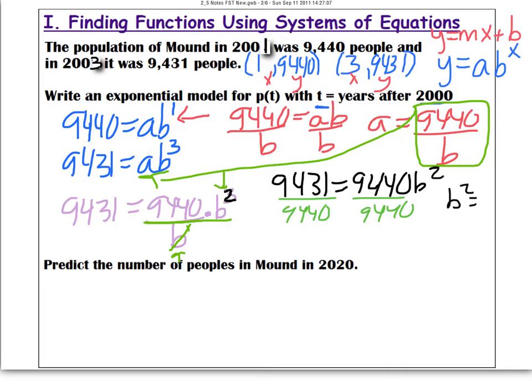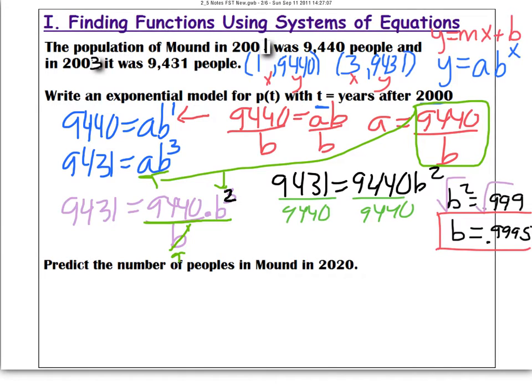Now to solve for b, I'm going to take the square root of that value and get that b is going to be equal to 0.9995.